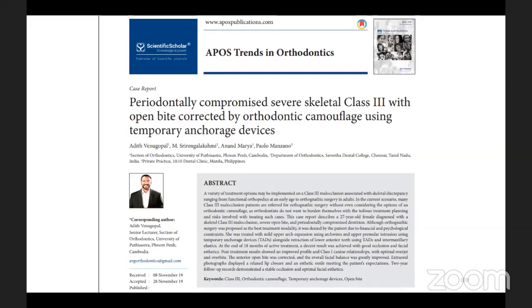That's why I usually tend to torque the wire rather than use the torque in the brackets. So I torque the wire itself. But again, if you're retracting considerable amounts, like 5 mm on the lowers, it is not effective because the labiolingual cortex is just that thin. If you try to even push the brackets forward and use a high torque and then retract, you're going to expose the lingual.